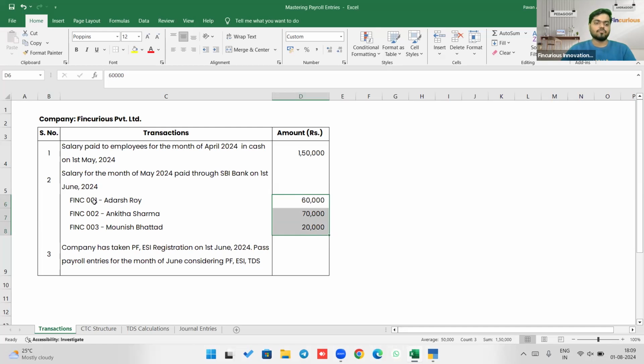So what is this FinC 001? This is the employee code. Basically, in every company, one employee code is allocated to each employee. So it would be easy for us to identify the employee with the employee code. That is why this employee code has been given.